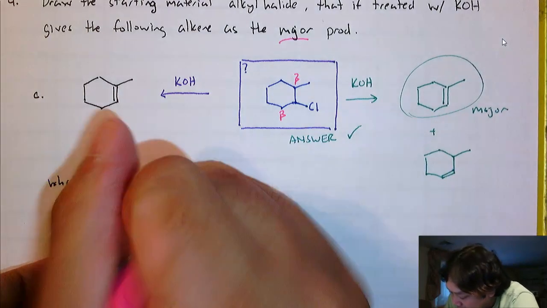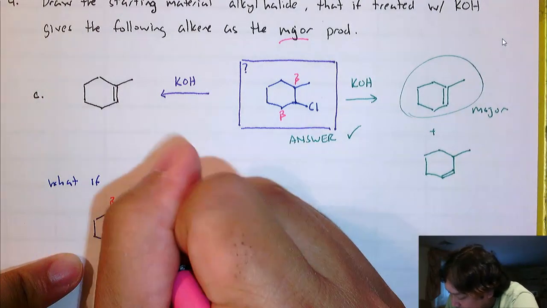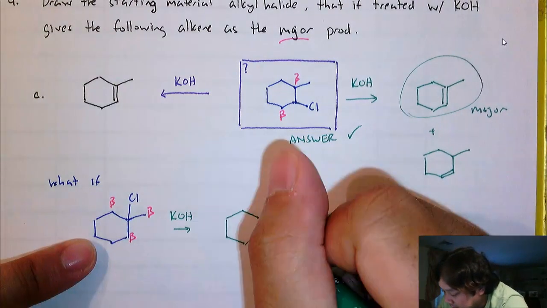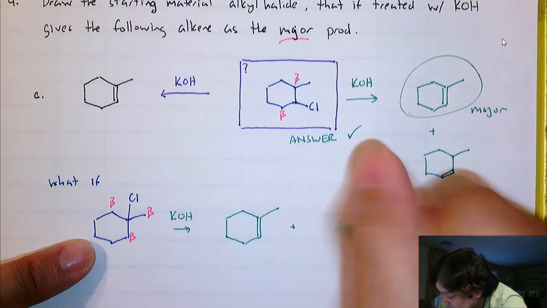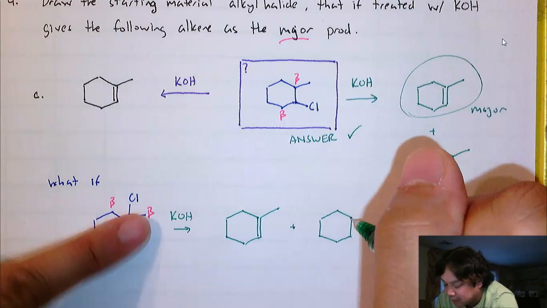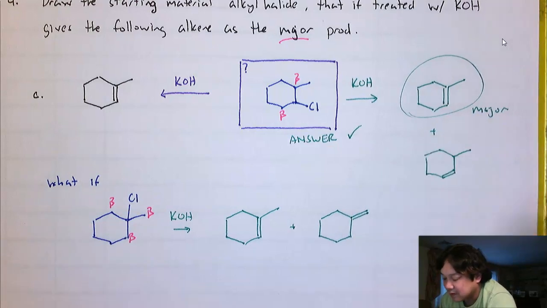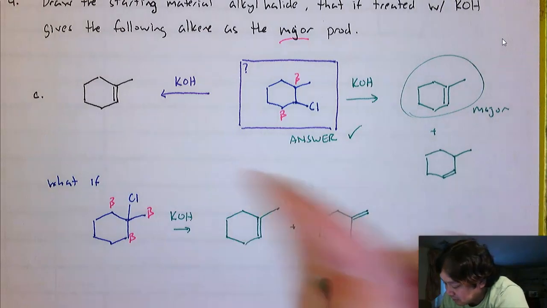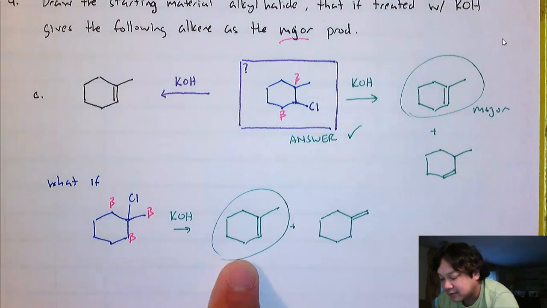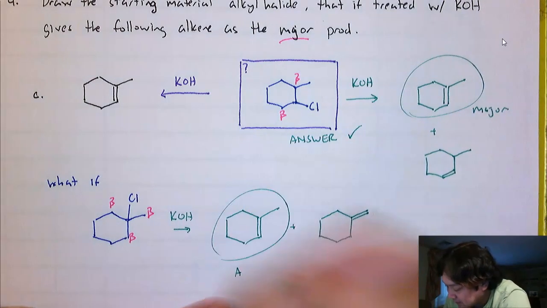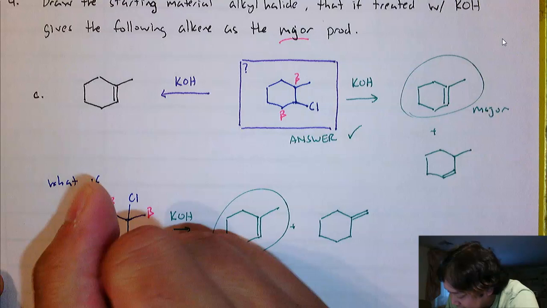So there are actually 3 beta carbons, but 2 of them are identical. Okay, so I can have that plus, I get a different alkene if I use the beta carbon on the right, and I get this. I will circle the major product, and then I will ask, is that what I wanted? This is another answer.